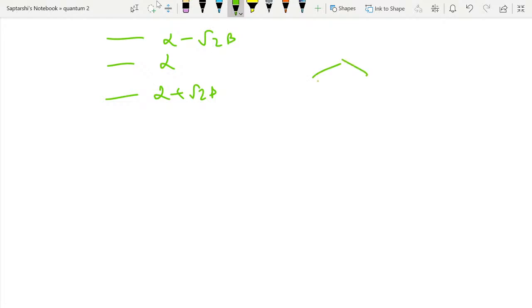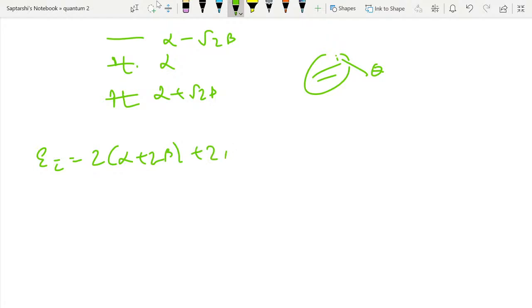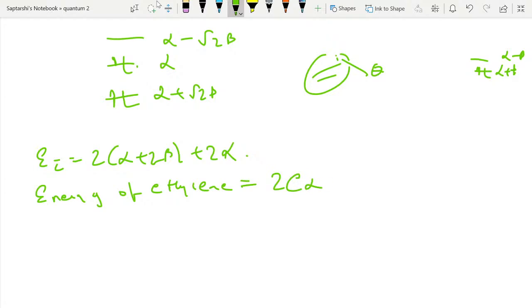In the allyl system we have only one ethylene unit. Suppose we are finding it for your allyl anion, there will be 4 electrons but only one ethylene unit. Total energy will be 2 of alpha plus 2 beta plus 2 of alpha. Energy of ethylene unit will be the energy of ethylene, there is only one ethylene unit, right? And ethylene unit has alpha plus beta, alpha minus beta, with 2 electrons. So this will be your 2 of alpha plus beta.